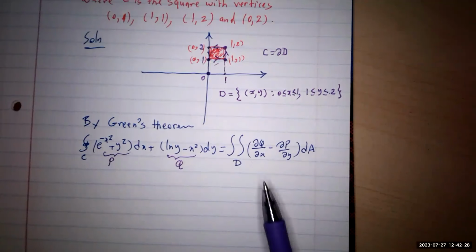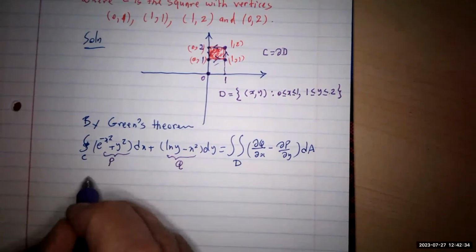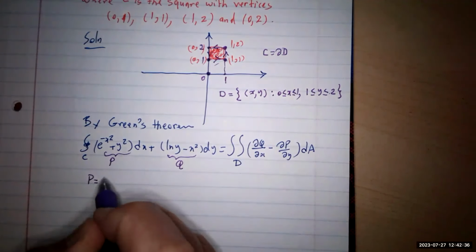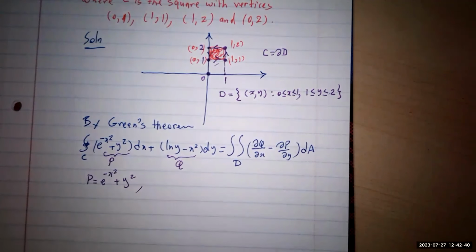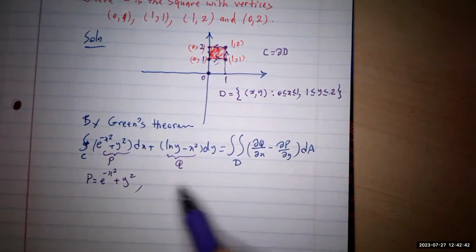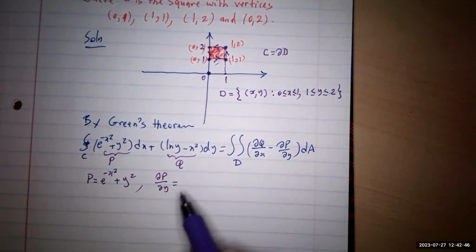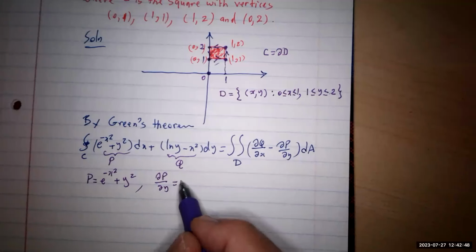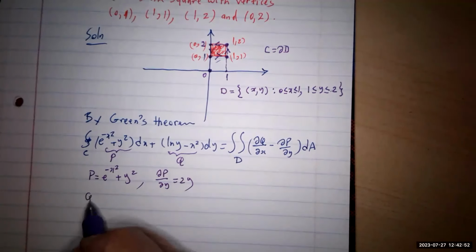So let's go through this part to see how we're going to handle the integral. Start with p. P is equal to e to the negative x squared plus y squared. You have to differentiate with respect to y. So round p round y is going to be simply 2y. Then start with your q.